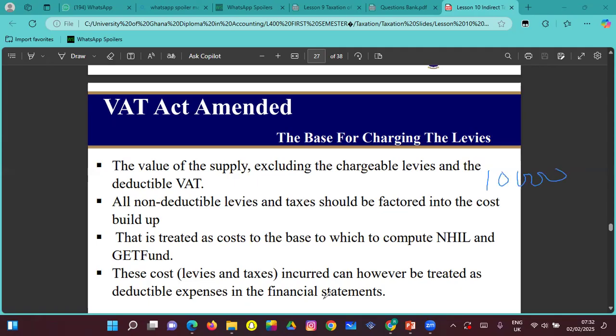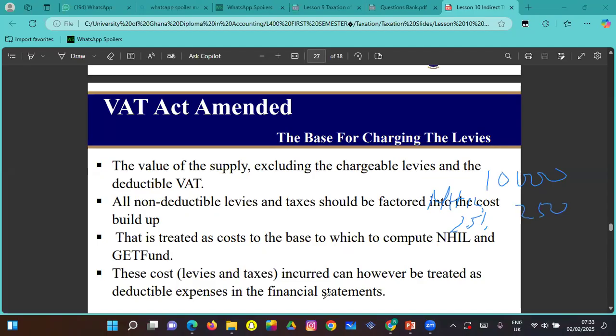First, you have to calculate your NHIL, which is 2.5%. You get 250.